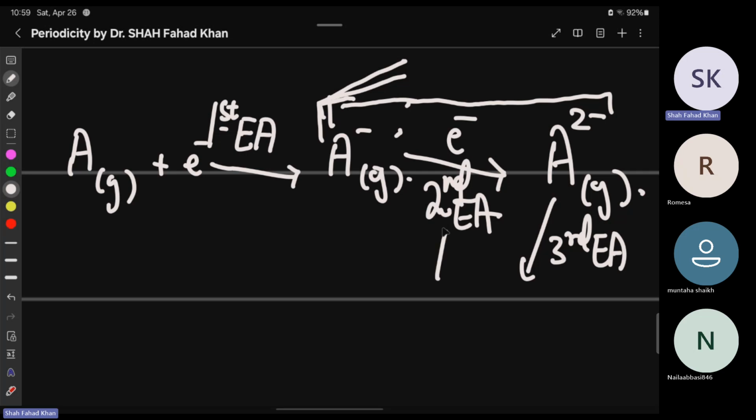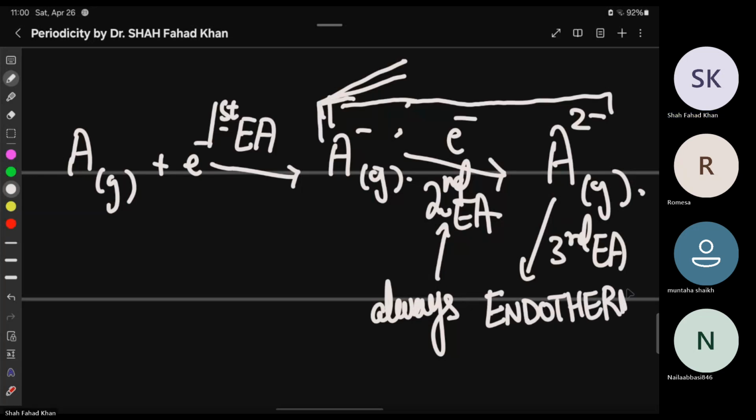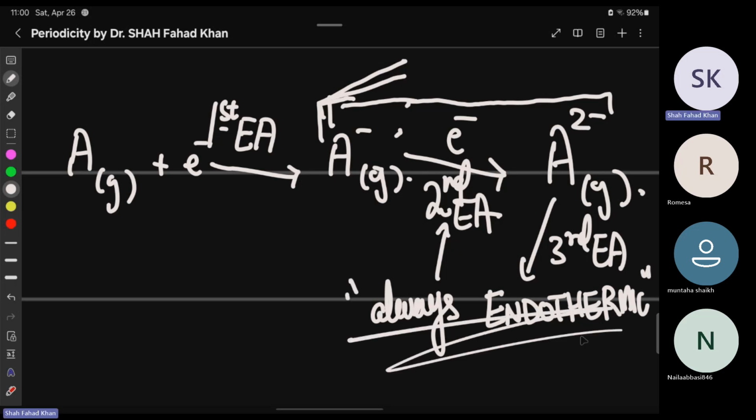Now, can someone tell me why? Why is this always endothermic?